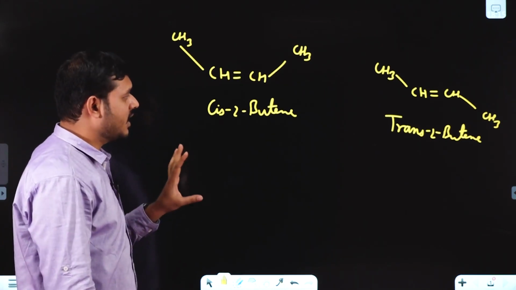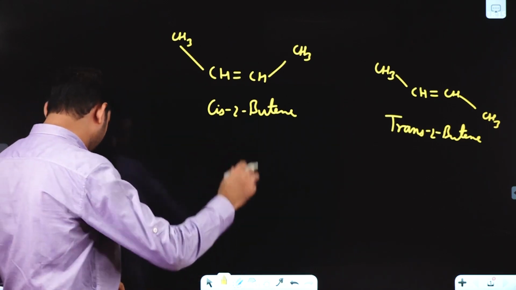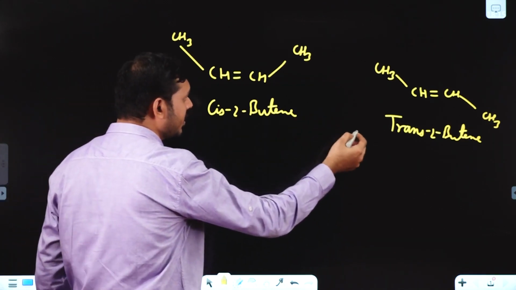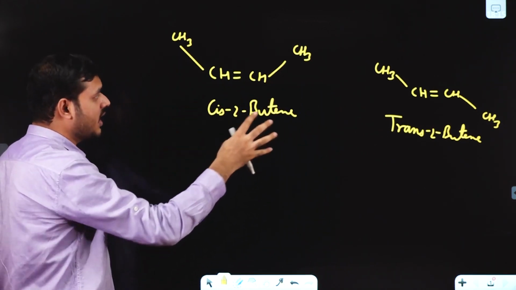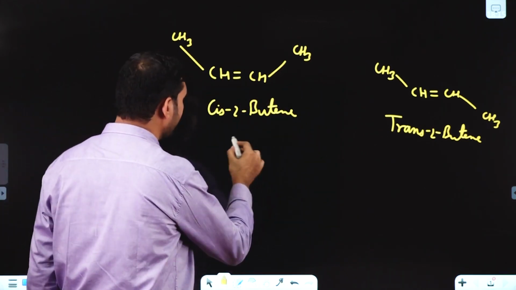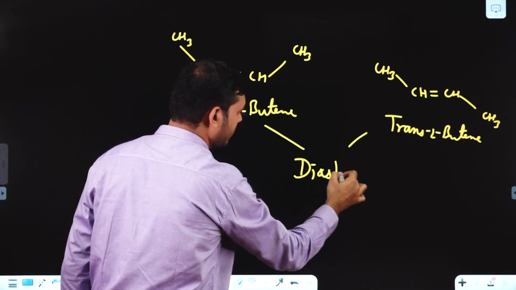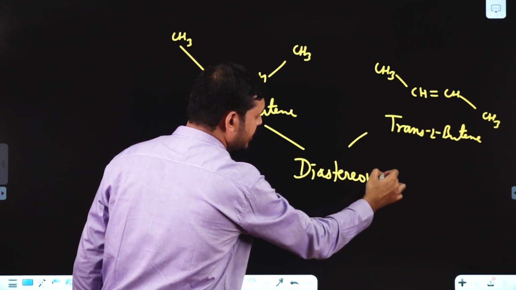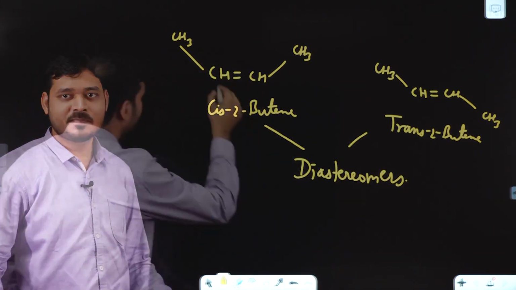But if I ask the relation between these two, then I can simply say these two are neither mirror images of each other, and also they cannot superimpose on each other. So they are diastereomers. Clear to everyone? Okay.